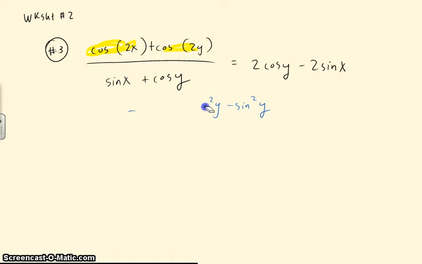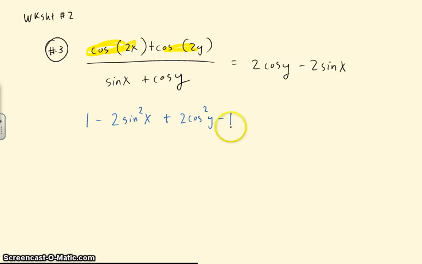So I'm going to try it a different way. How about this? Let's do 1 minus 2 sine squared x plus, it'd be great if I could get a negative 1 here. So then I'll do 2 cosine squared y minus 1.